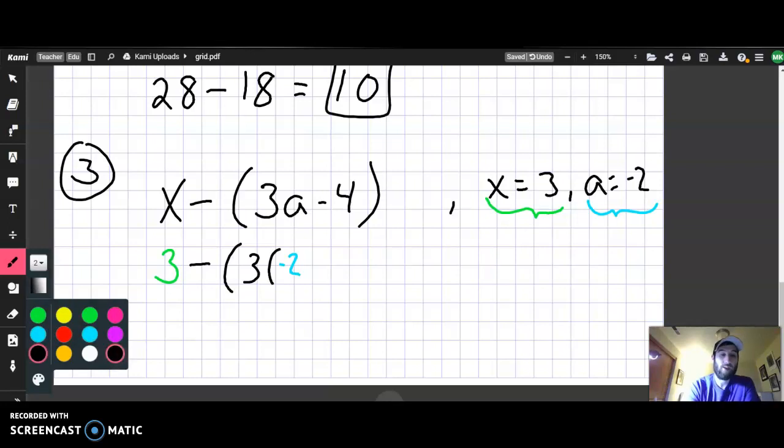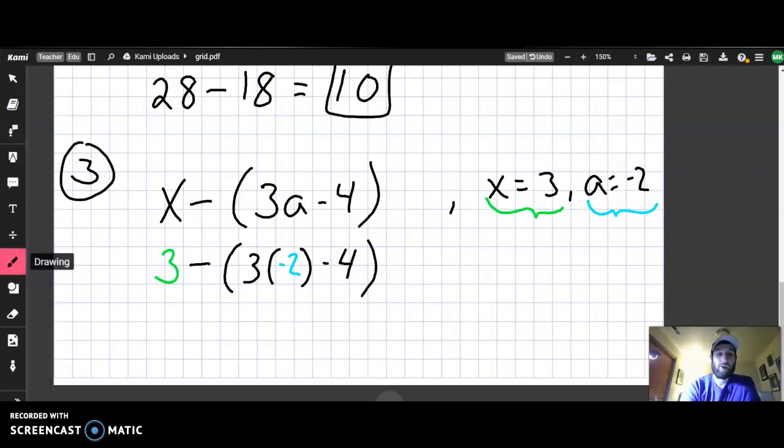Once again, I'm putting the parentheses there to help emphasize that multiplication, minus 4. Now, order of operations, we're going to do what's inside the parentheses first because that's all being subtracted from 3. So first things first, 3 times -2, -6. That's still being subtracted by 4, all in parentheses with 3 minus that value.